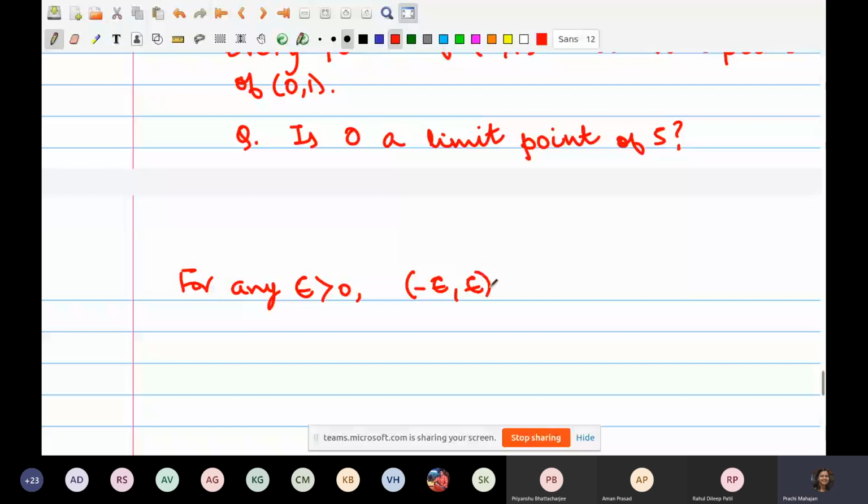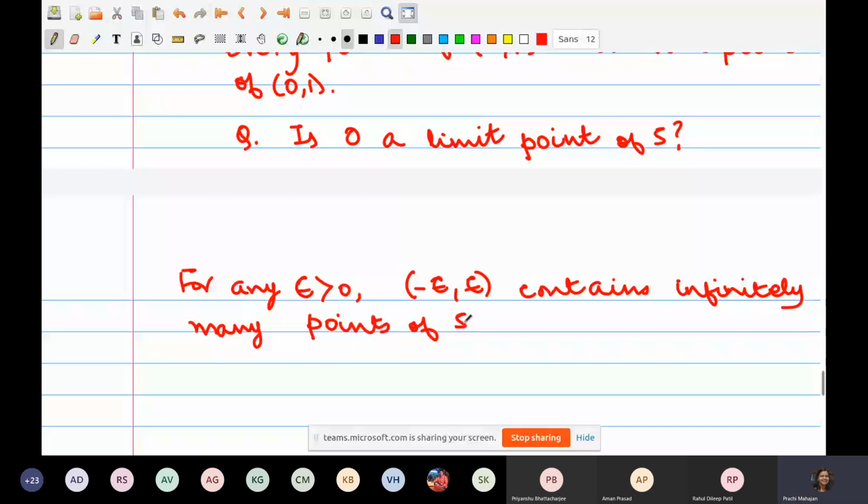This certainly contains, in fact, infinitely many points of the open interval (0, 1) different from 0, correct?